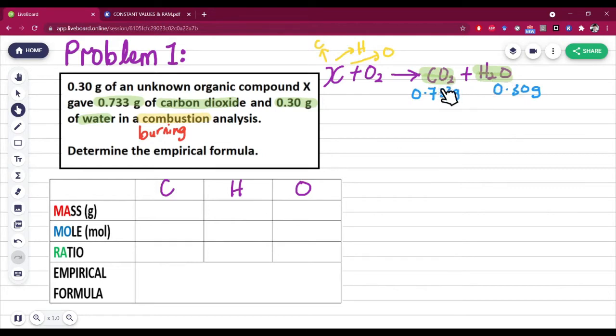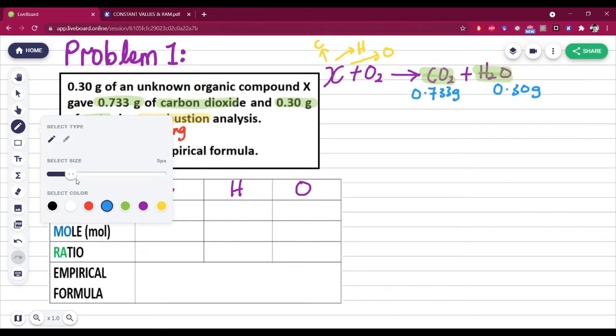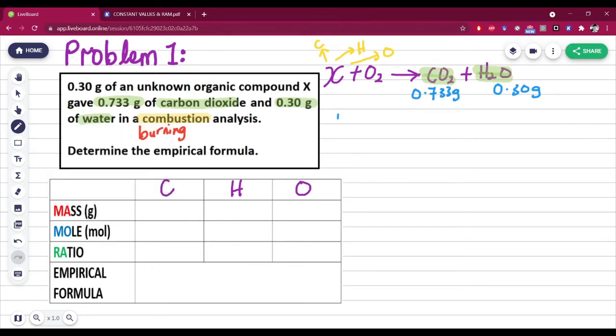We have the mass of carbon dioxide and the mass of water. So first, we're going to find the mass of carbon by using 0.733 grams. The mass of carbon we get from the mass of carbon dioxide.